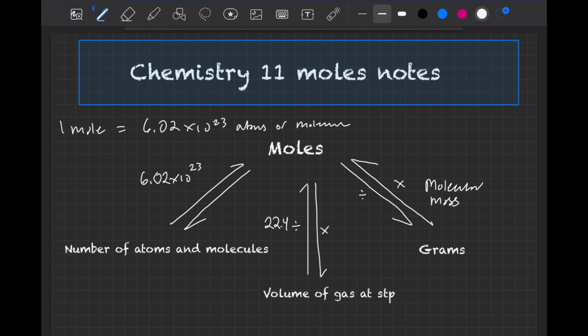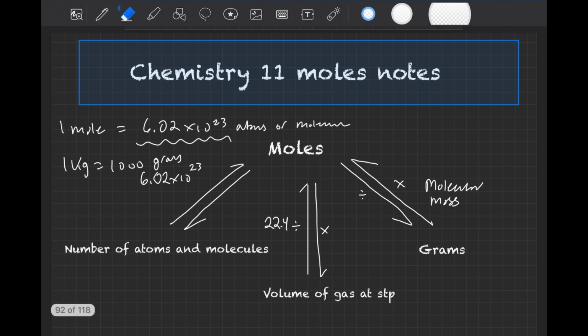It's basically saying that 1 mole is this number of things, 6.02 times 10 to the 23. It could be atoms, it could be potatoes, it could be whatever. It's just like how we say 1 kilogram is equal to 1,000 grams. Same concept, or like 2.54 pounds is a kilogram or whatever. It's just like the standard unit.